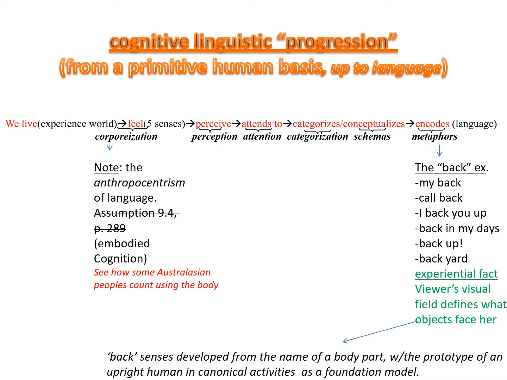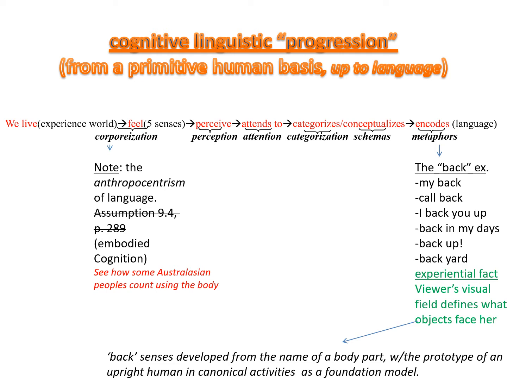This is more or less the process of how we progress through this conceptualization that I have mentioned before. We live, we are born, we experience the world, and we normally experience the world using our bodies. So our bodies, human bodies, are a crucial element of all of this cognitive processing of language.